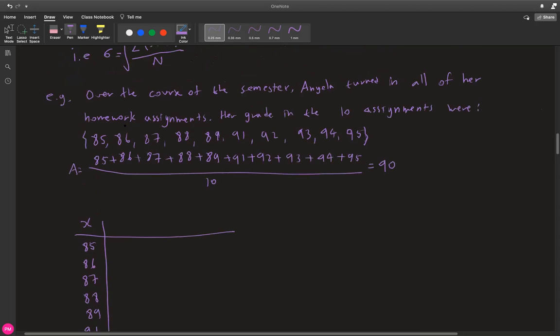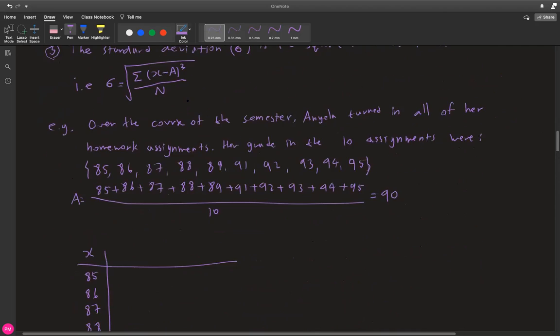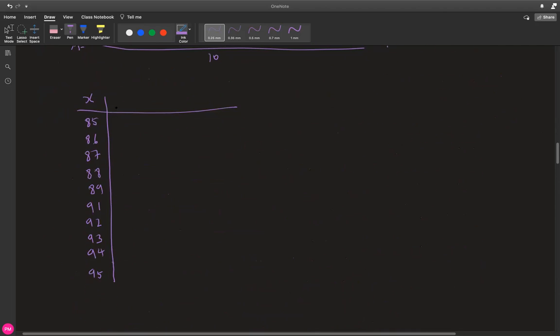And the next step, step 2, is to find the deviation from the mean, so X minus A for each of these values. So let's say for the second column, we do X minus A.